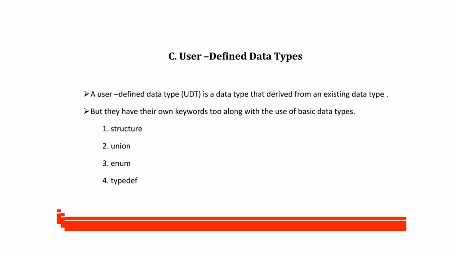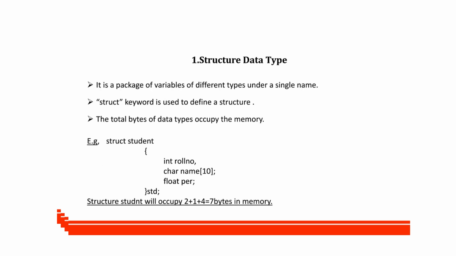The size of the union is the size of its largest member. Union is declared using the union keyword. The syntax of union is union name, open bracket, data type 1, data type 2, and close the bracket.